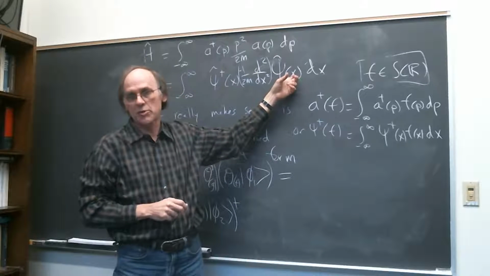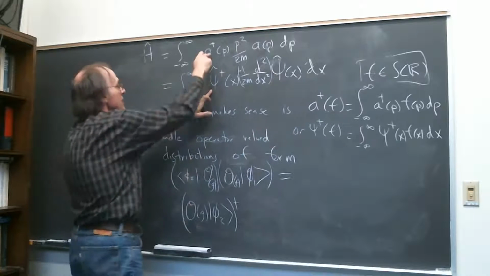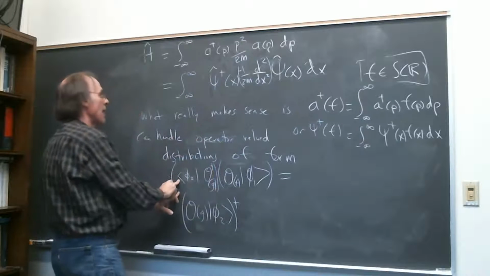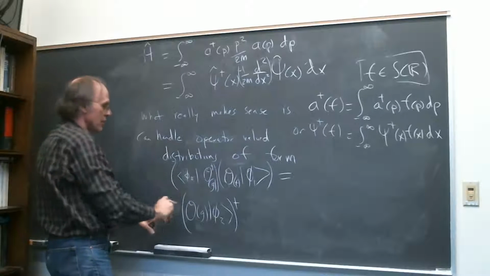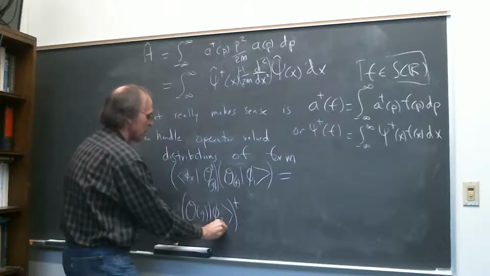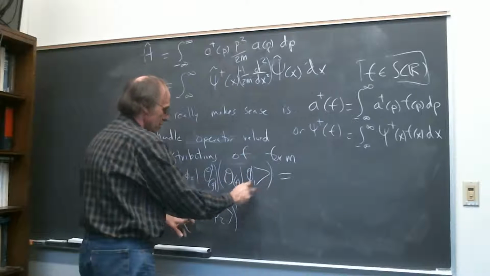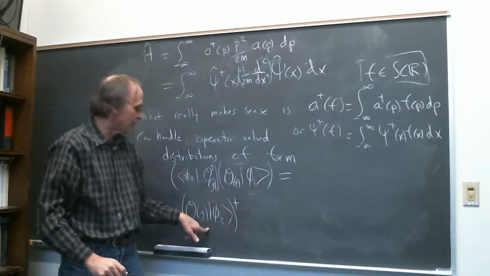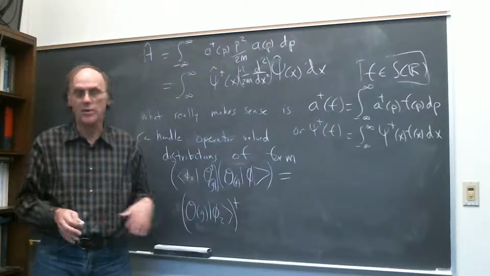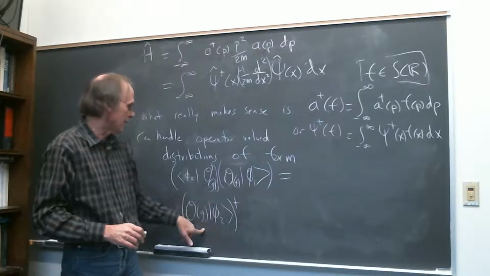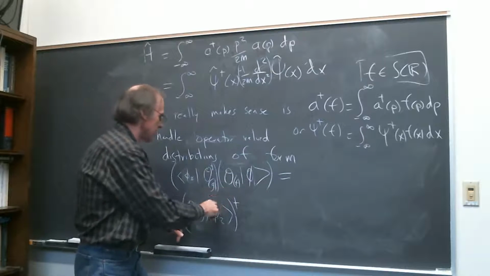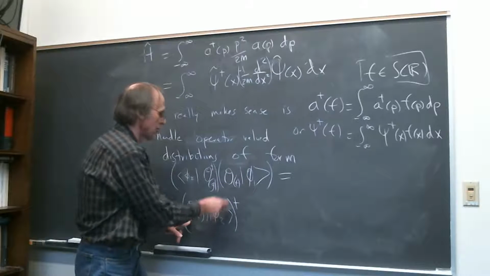You make sense of what these guys do if you feed them some nice Schwartz function, and what these guys do on states on the other side. These make perfectly good sense, and these are all states that have well-defined inner products. Schwartz functions have a well-defined notion of inner product, so you could take the adjoint of the state and then compute the inner product of these guys.